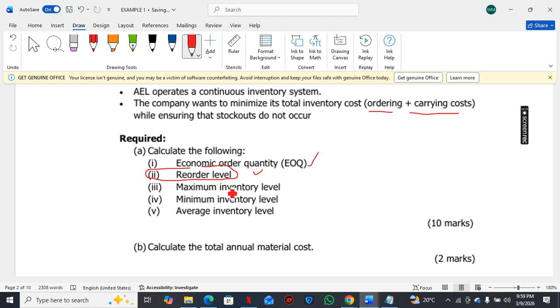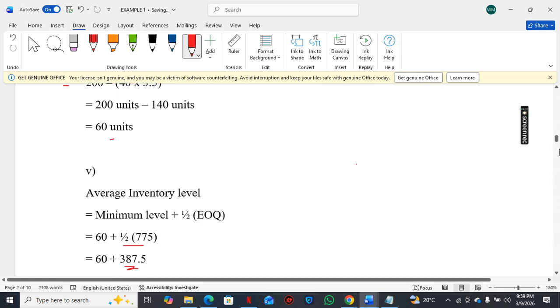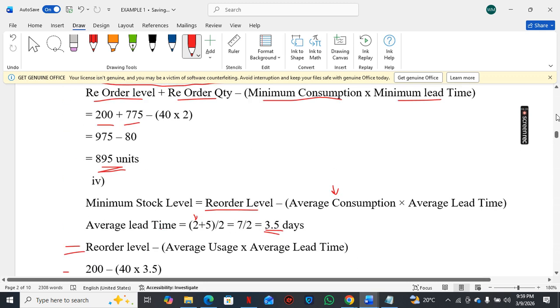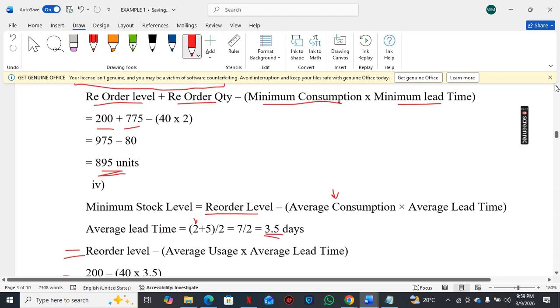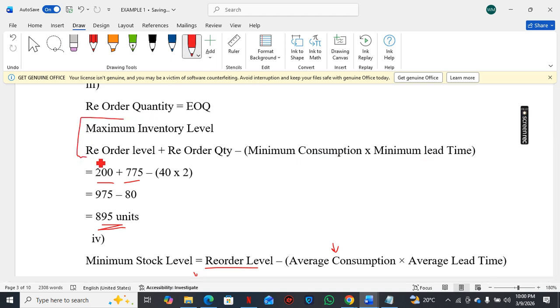Next, we have to get the maximum inventory level. What's the most inventory we should have in the building? That's the maximum inventory level. This is the formula here. So I said, get photos or write these formulae down, but I'll also send you this document.